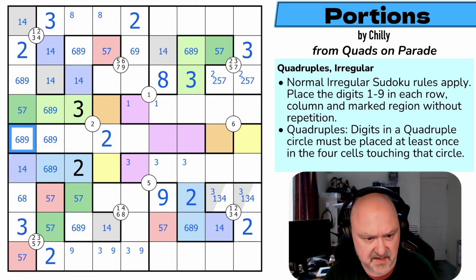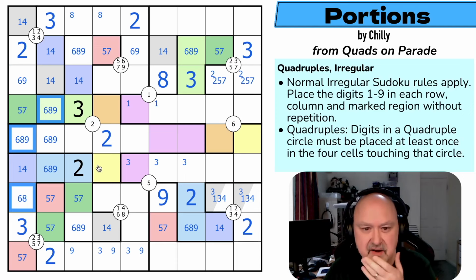And this is a 6, 8, 9 for the column. 1, 4, 2, 3, 5, 7. These are the 6, 8, 9. There's no 8 here. So that 6, 8, 9 isn't there but it could be either of those two. That one is either of those two. That one is either of those two. Not sure how to resolve that yet.